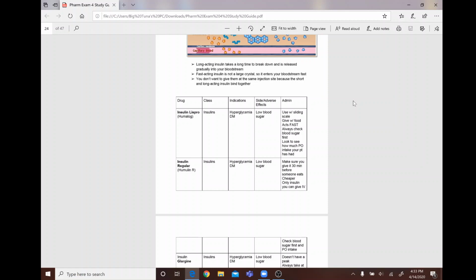Hypoglycemia. What do we need to know when someone's taking insulin lispro? You have to use it with a sliding scale. You have to give this with food. It acts fast. Always check blood sugar first. Look to see how much PO intake your patient has had.